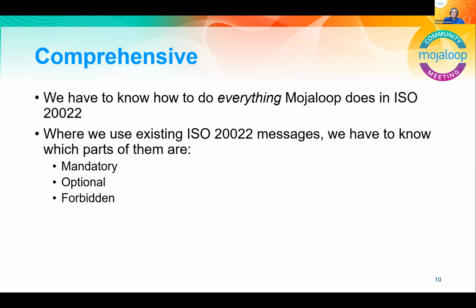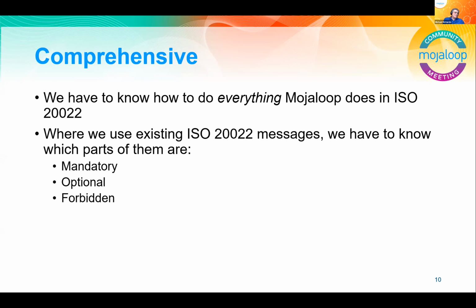So we will have to be sure that when anybody says, I would like to use this particular field in the ISO 20022 message, they have some way of understanding what using that field will mean for the Moduloop system to which or through which they are sending the message.